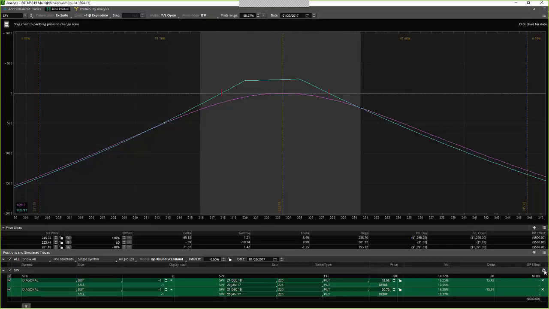On Thinkorswim, I can come over here and do vol adjustments. I can say 2.